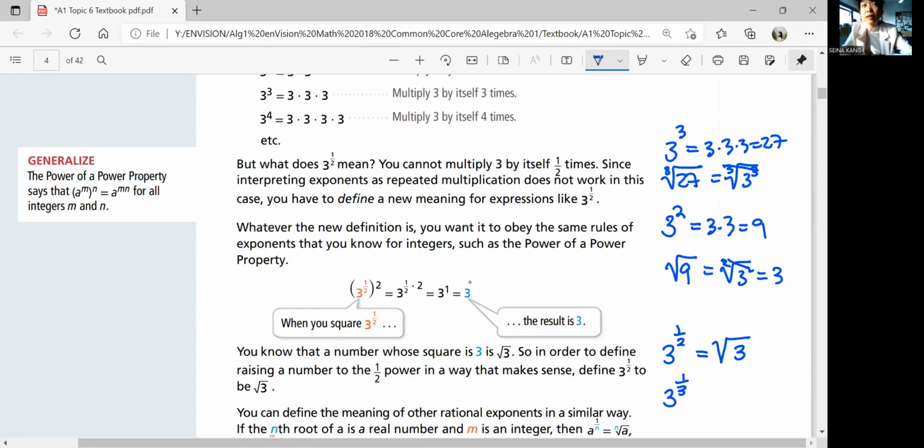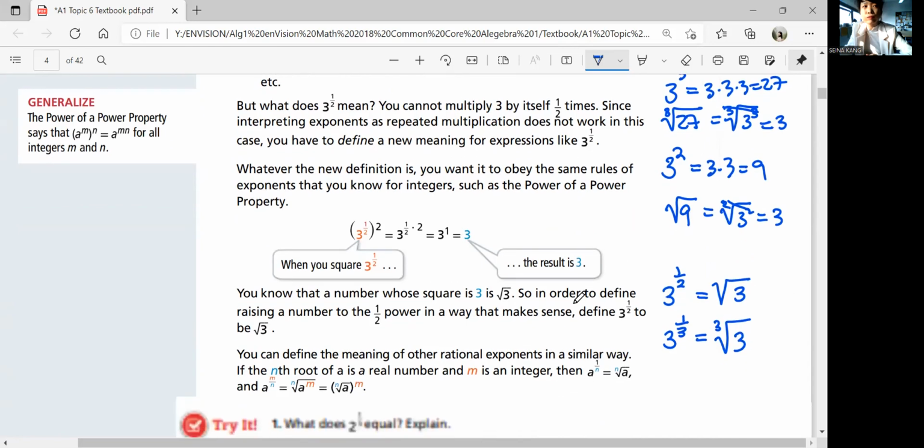The power and the index number of the root are the same, so they cancel each other out and you get a 3. So the power and the root do opposite operations. So the 1/3 power actually means the cube root of your base. Does that make sense? So whenever you get a fraction in your power, don't freak out. It's just a root.